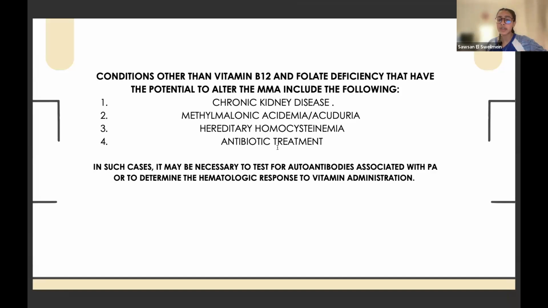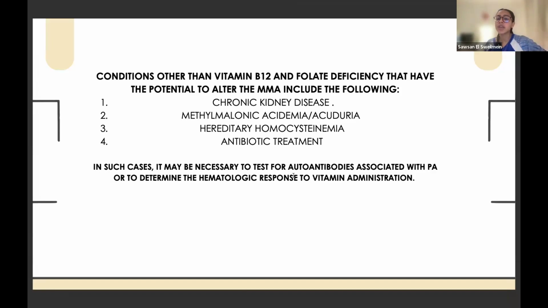For example, chronic kidney disease, patients with methylmalonic acidemia, hereditary homocystinemia, and antibiotic treatments. So in such cases, we either order autoantibodies for pernicious anemia, or we can give them B12 supplements and see if they respond to that treatment.